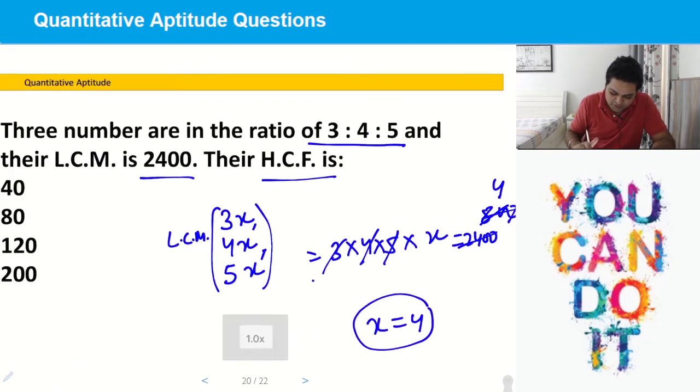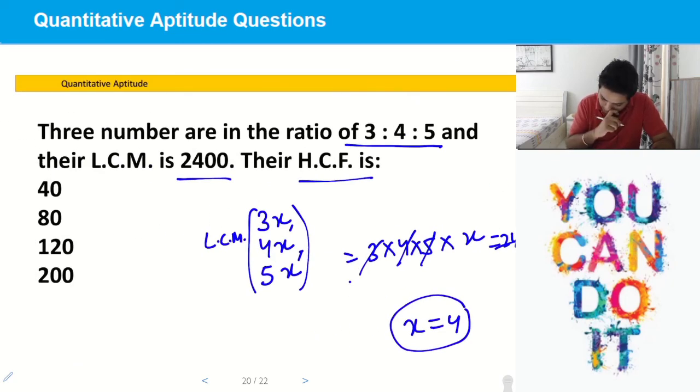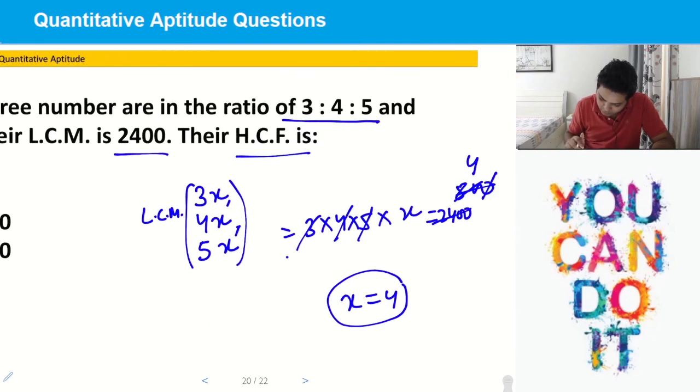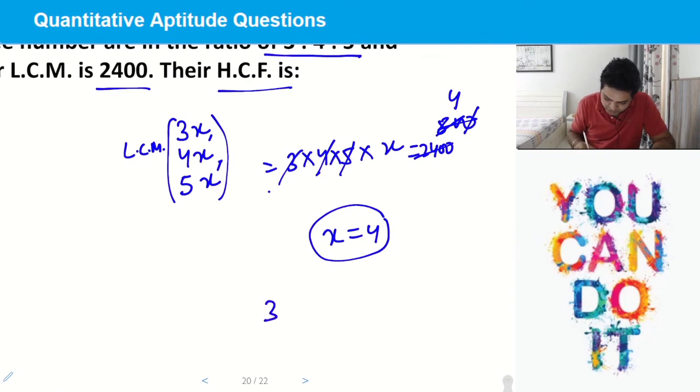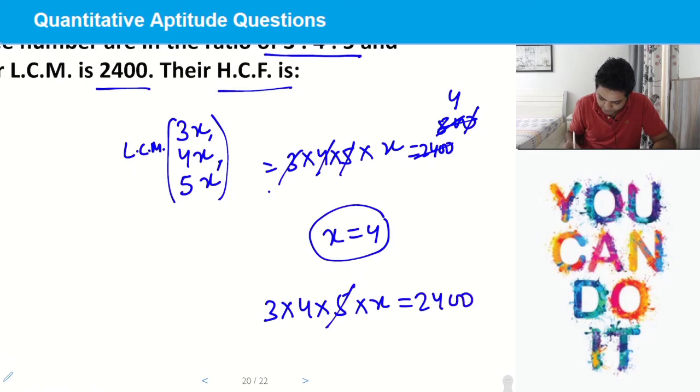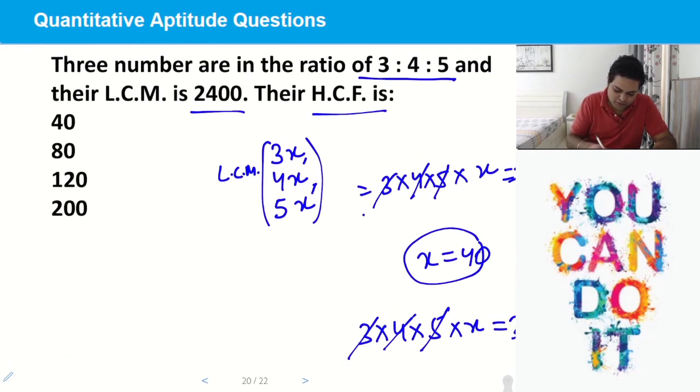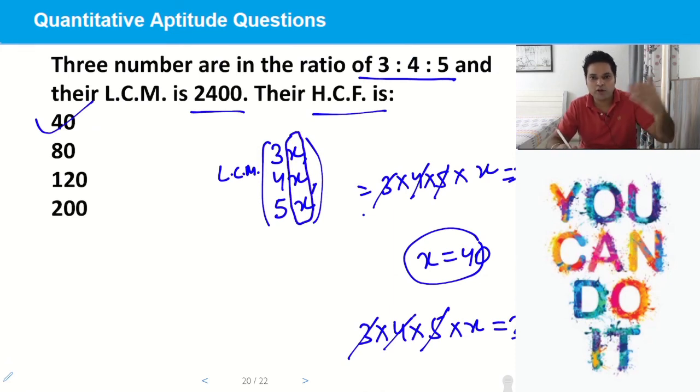So the HCF is nothing but... let me just check it again. 3 into 4 into 5 into x is equal to 2400, so 60x is 2400. Sorry, x equals 40. So x equals 40. So HCF is 40, because HCF is what? HCF is nothing but this x, which is common in all three of them.